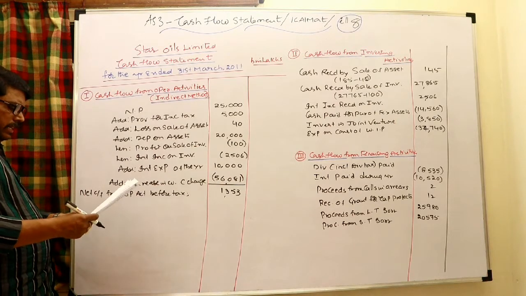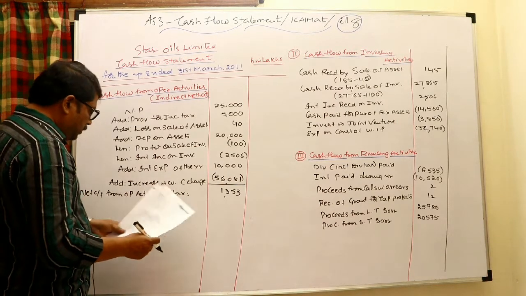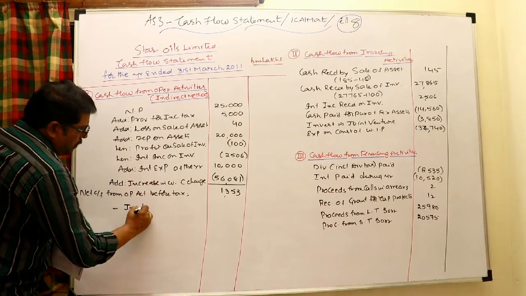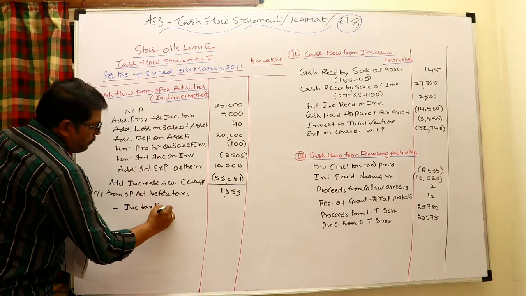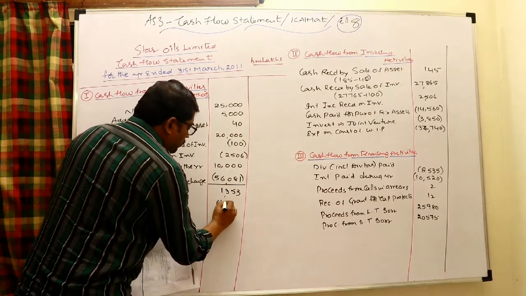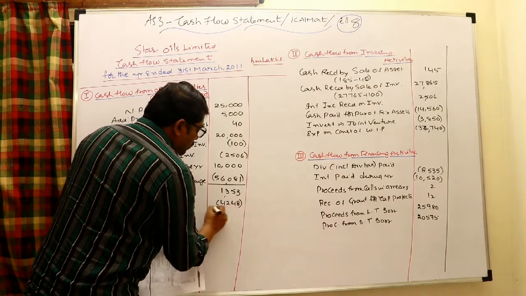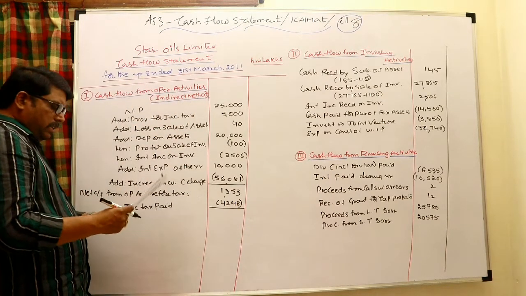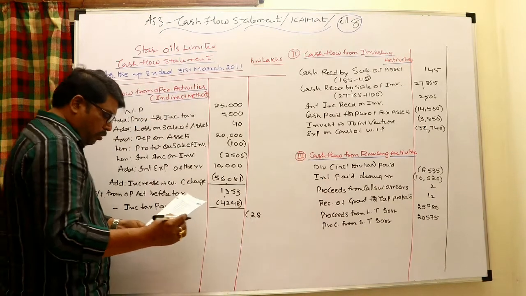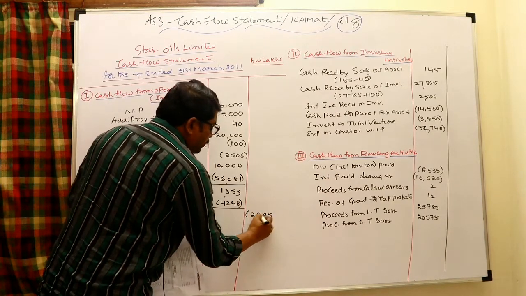Okay, 1353. For this, income tax paid should be deducted, 4,248. Right in the outer column, this is an outflow 2,895.